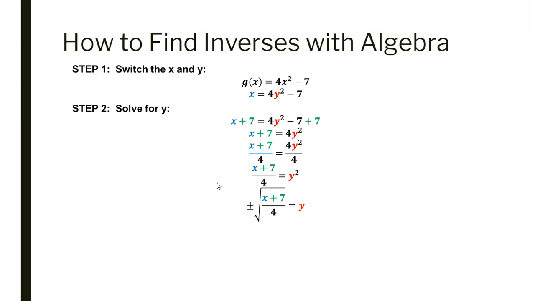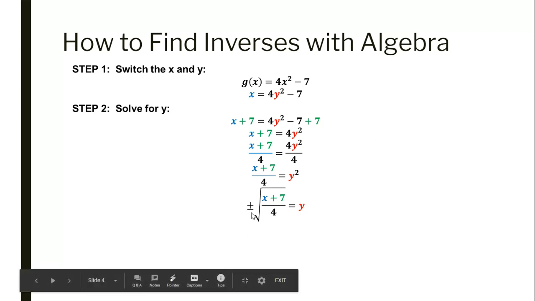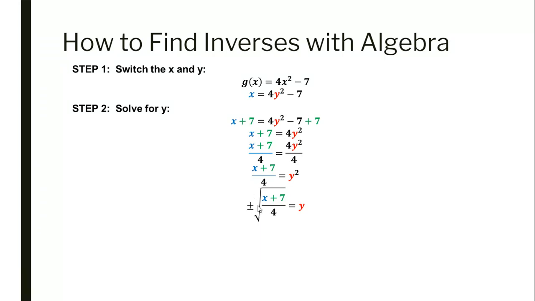And I want you to remember and take note that whenever you take the square root, when you're solving, you always want to include plus and minus. Very important. Make sure you have that well documented in your notes. Now that we have solved for y, our last step is just to write that using inverse notation. And we are done.